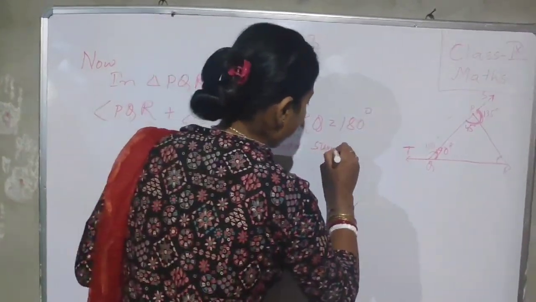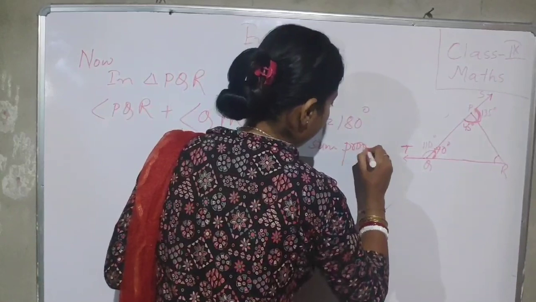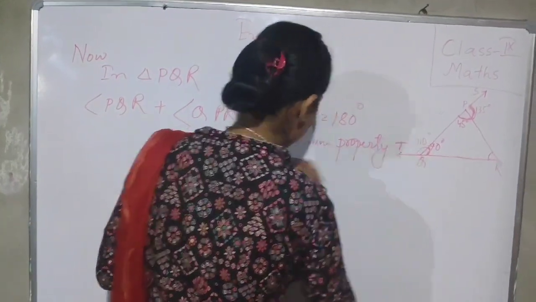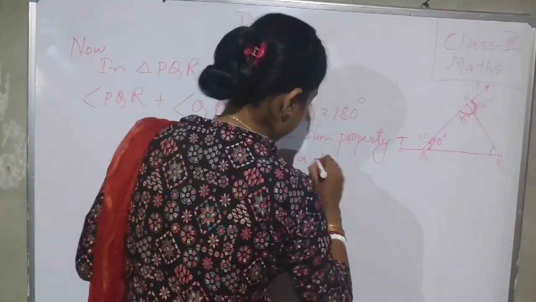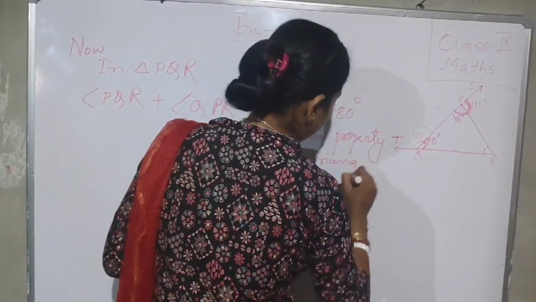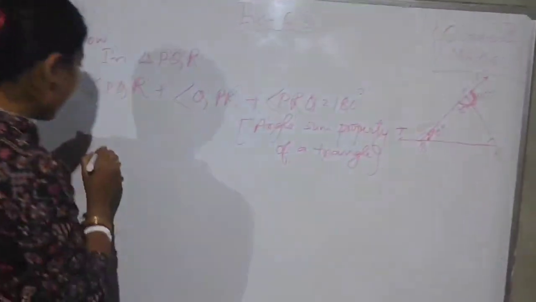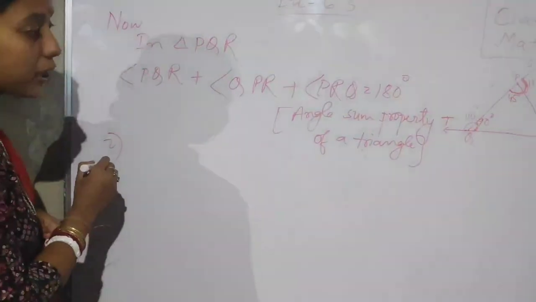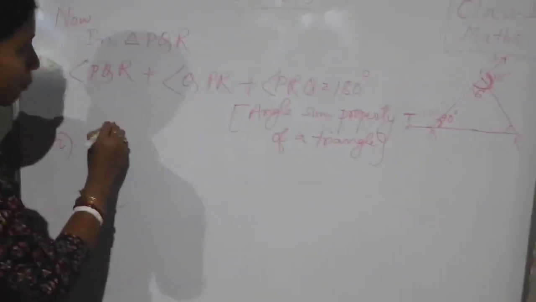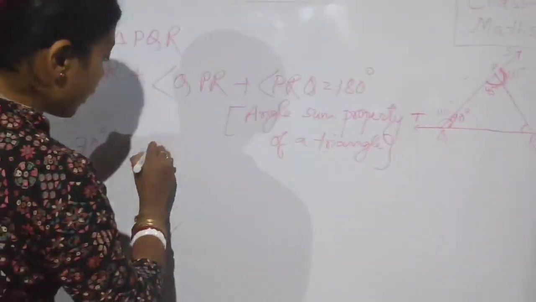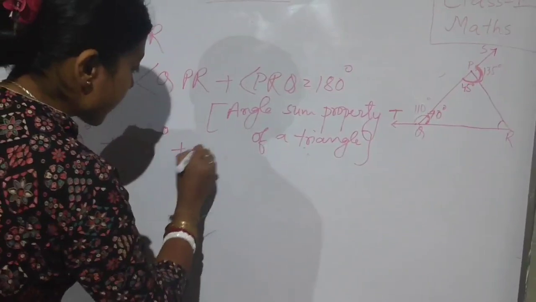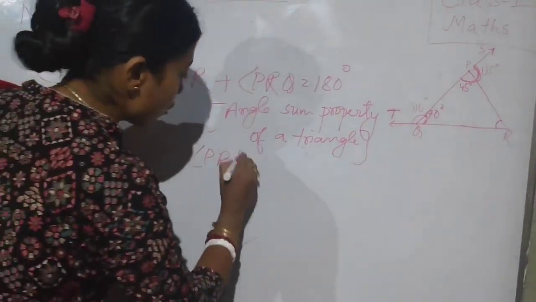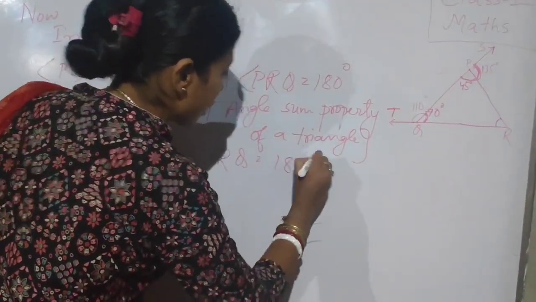Angle PQR we have as 70 degrees, plus angle QPR as 45 degrees, plus angle PRQ, which we have to find, equals 180 degrees.